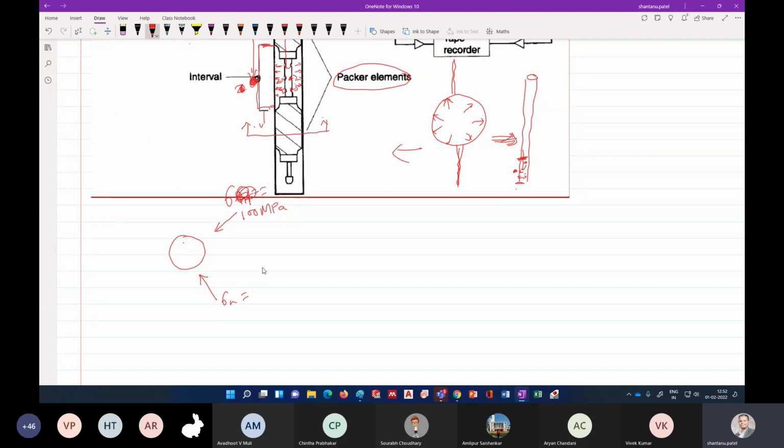Sigma H equal to this much, and sigma small h equal to, let's say, 12 MPa. Can anybody tell me in which direction this fracture will begin?